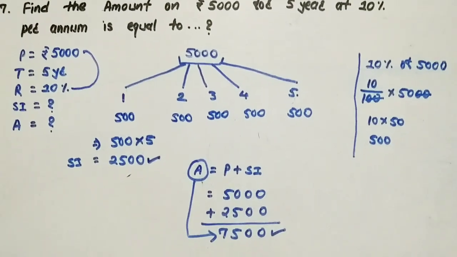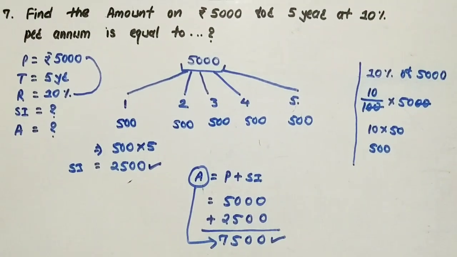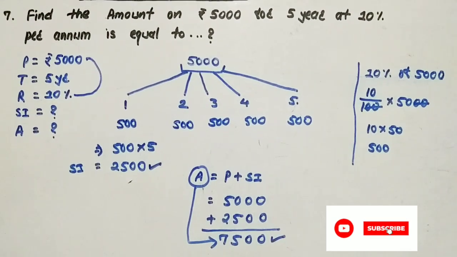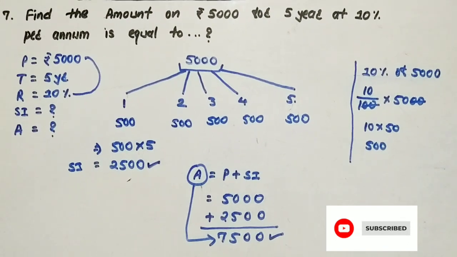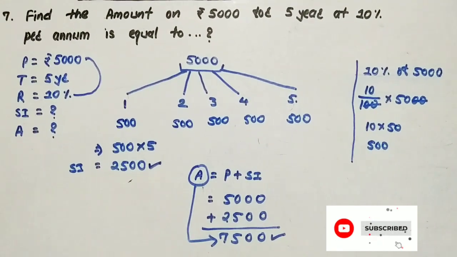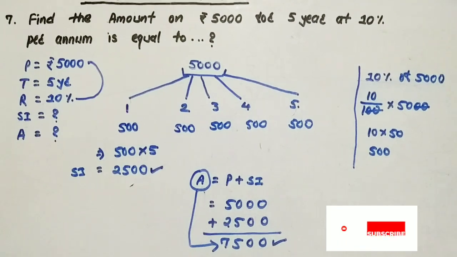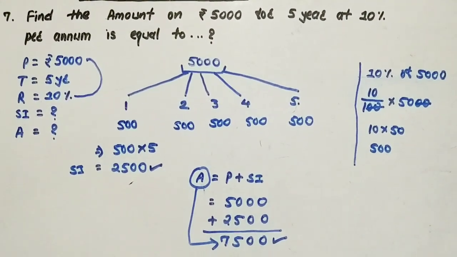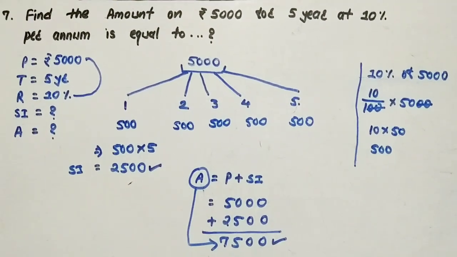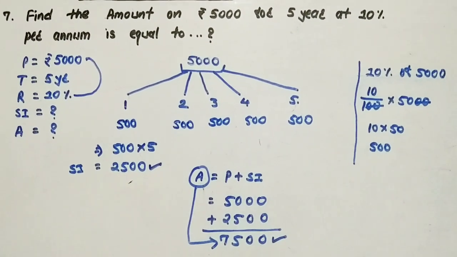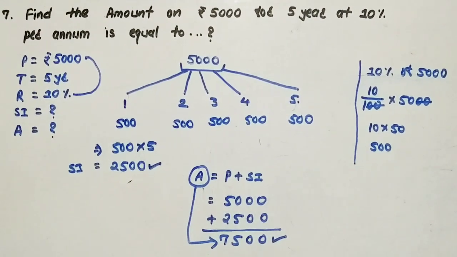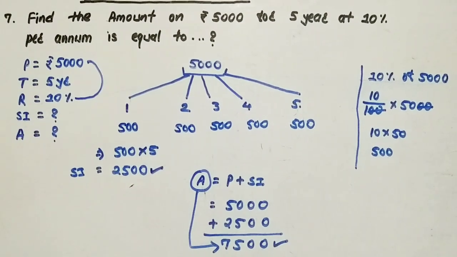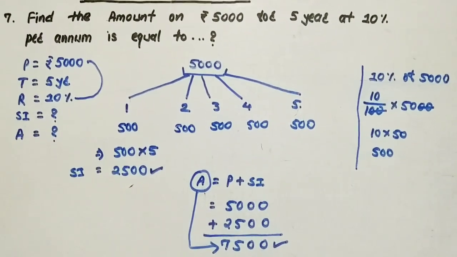So such kind of way you have to think in your mind, then you will easily solve simple interest and related problems within a few seconds without using a formula.